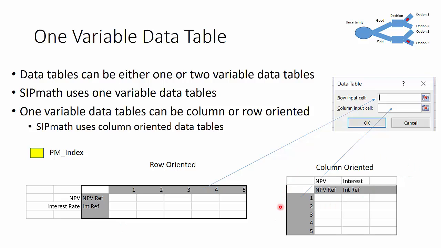In the column-oriented data table, the data table's flipped. So over here we have the values that PM index is going to take on, and then over here we have the different variables that we want to capture for each one of these values of PM index. And in the column-oriented data table, this column input cell will reference PM index, and the row input cell will be blank.